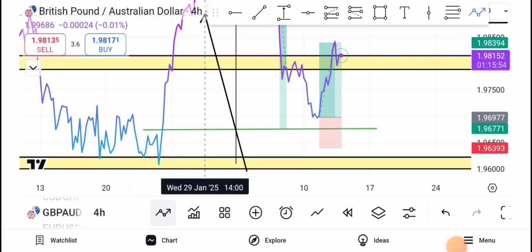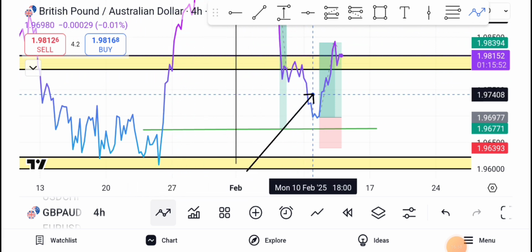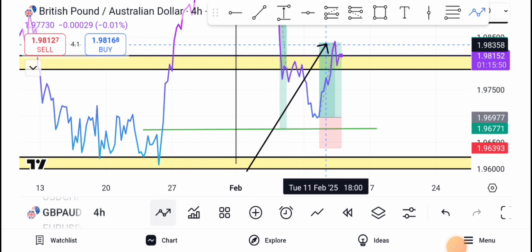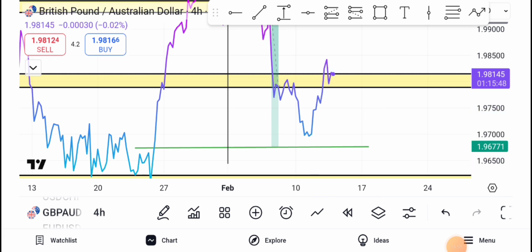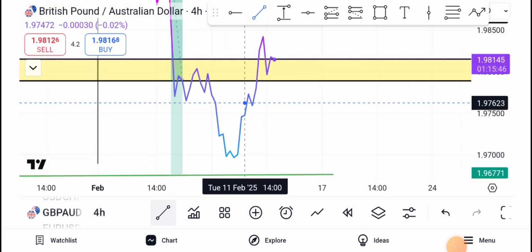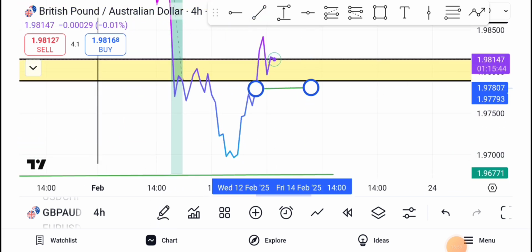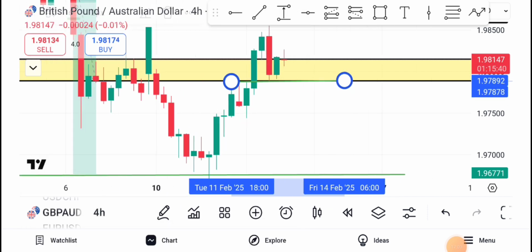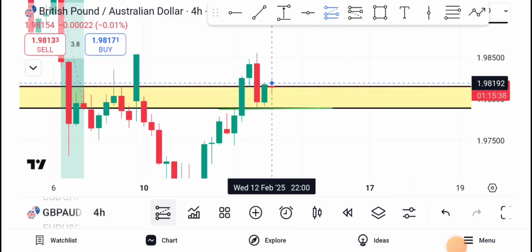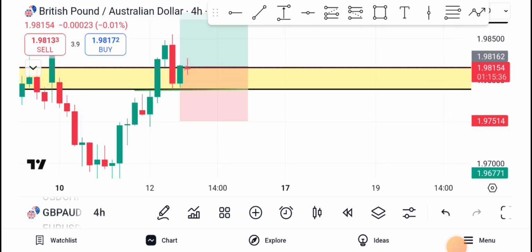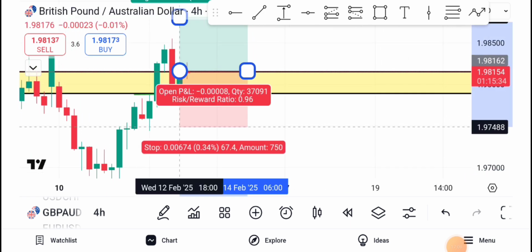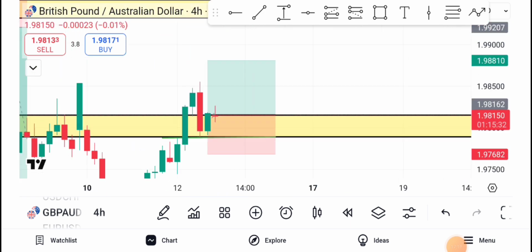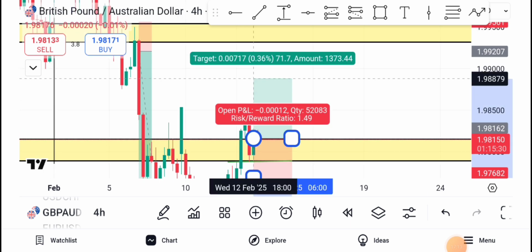So when price went all the way outside, we still came back to tap into it before going to the upside. So this daily curve here, you see that price has tapped into it. So there is a free signal here.